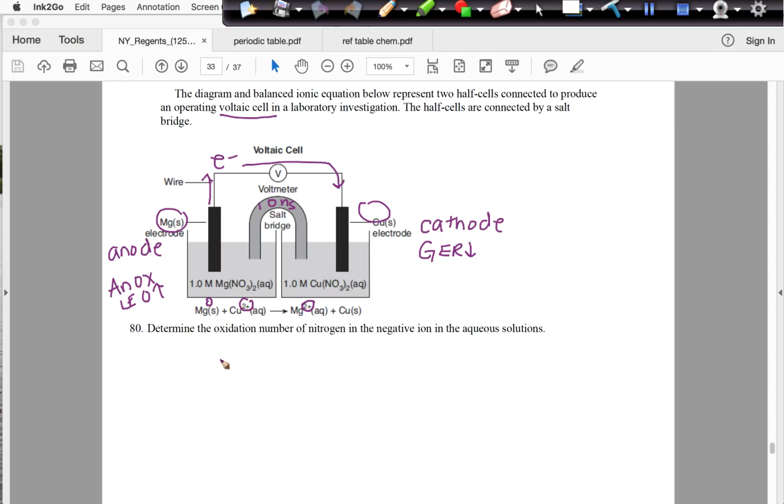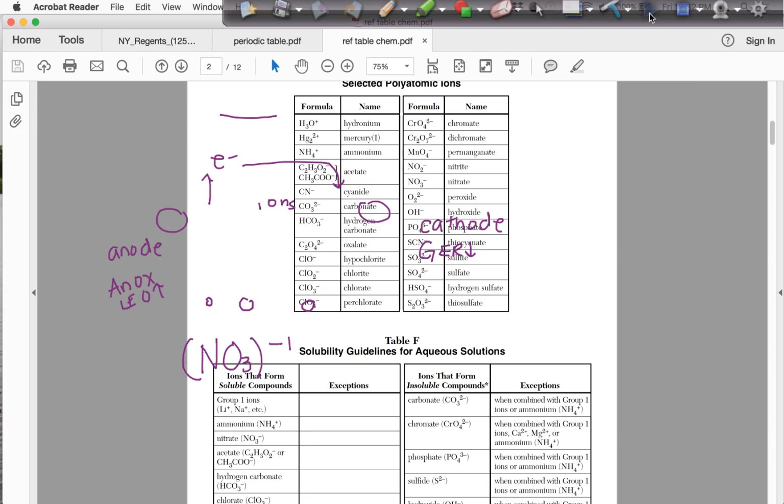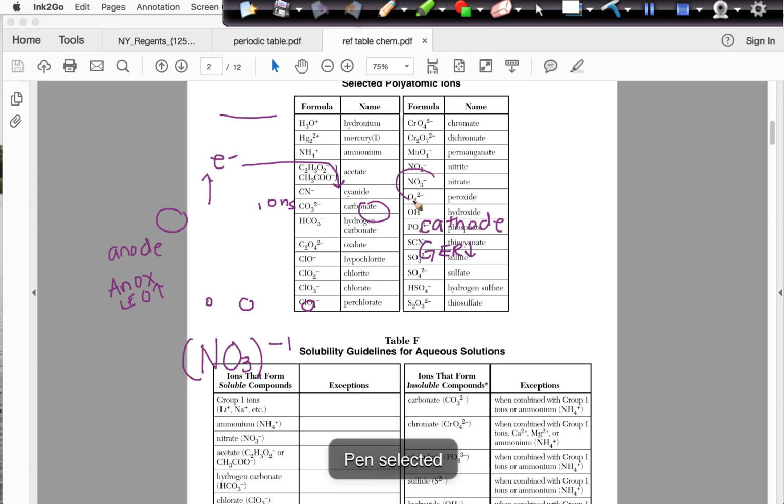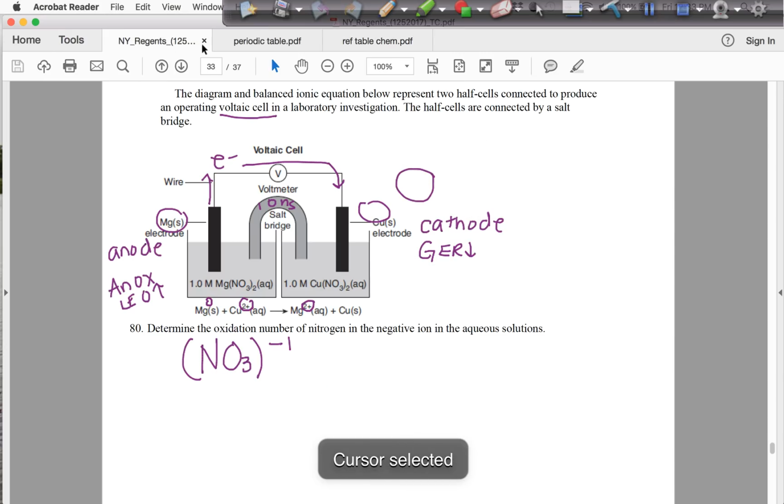So it says for number 80, determine the oxidation number of nitrogen in the negative ion in the aqueous solutions. So let's look at NO3 on table E, and NO3 has a charge of negative. So that means its charge is -1. That means that the nitrogen and oxygen's oxidation numbers together will add up to a -1.